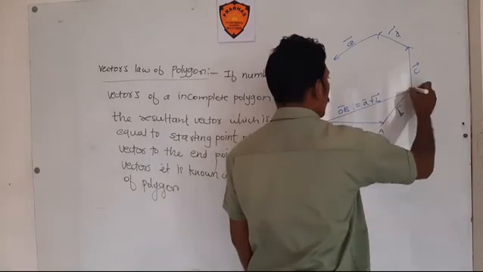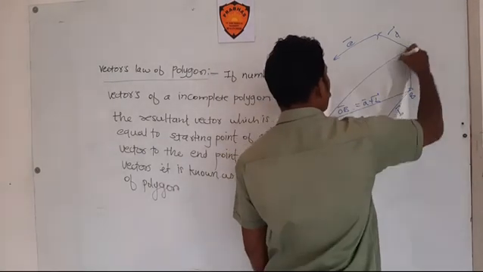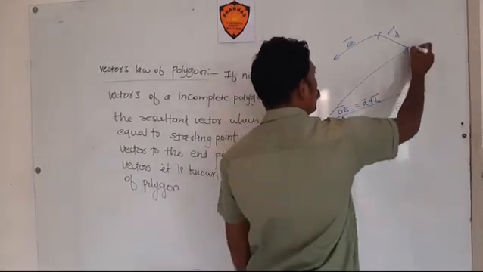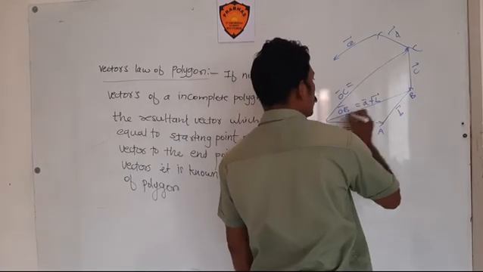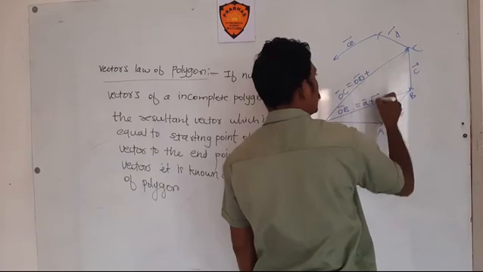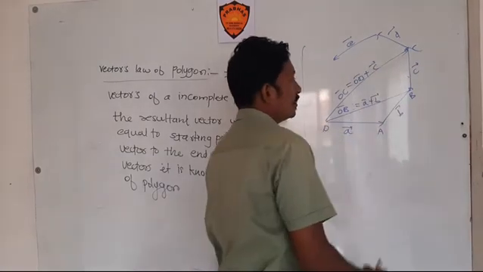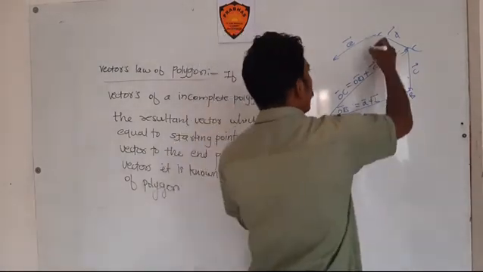Again this is OB bar, right? Then again a triangle: OC bar is equal to OB bar plus C bar. This is again one side of this triangle.